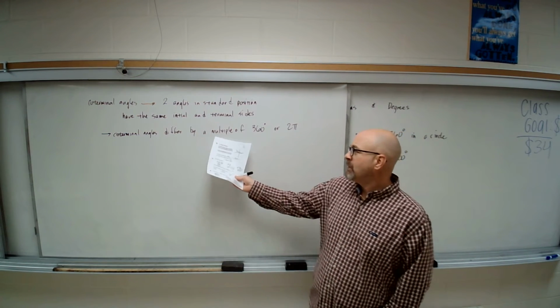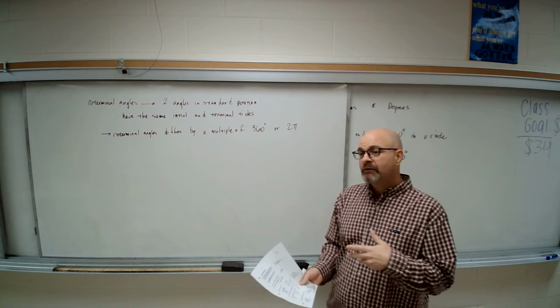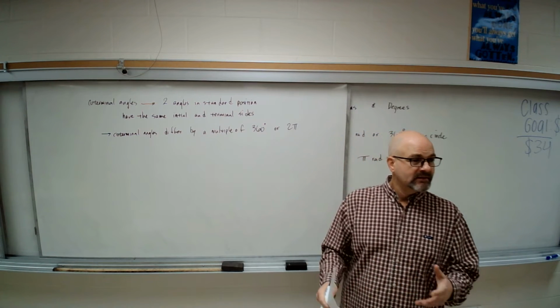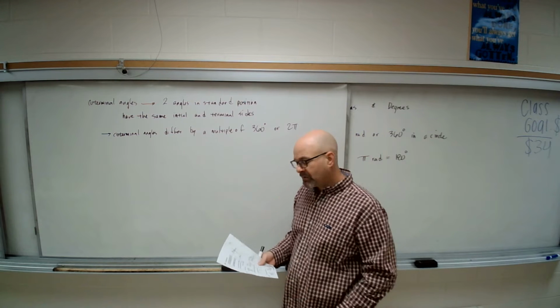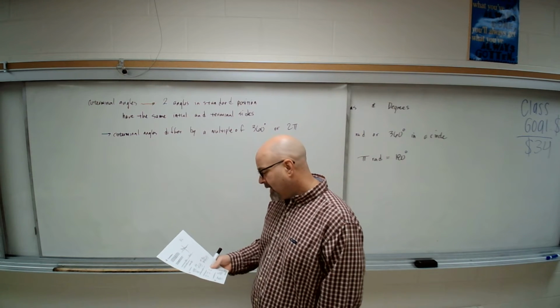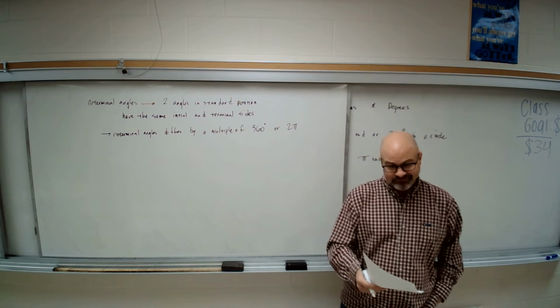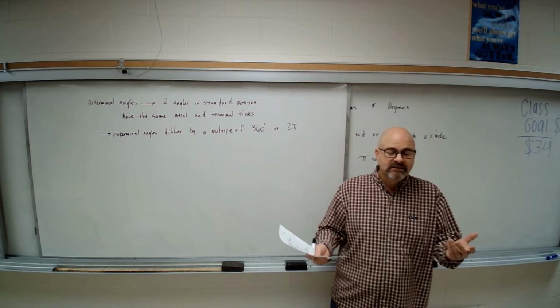So, and when you say multiples, it's whole number multiples. So they could differ by 2 pi, or 4 pi, or 6 pi, or 8 pi, right? But not 3 pi. 3 pi is wrong, because it's not a multiple of 2 pi. Okay, so the easiest way to find these generally is just add 360 or subtract 360 if it's in degree measure, or add 2 pi or subtract 2 pi.